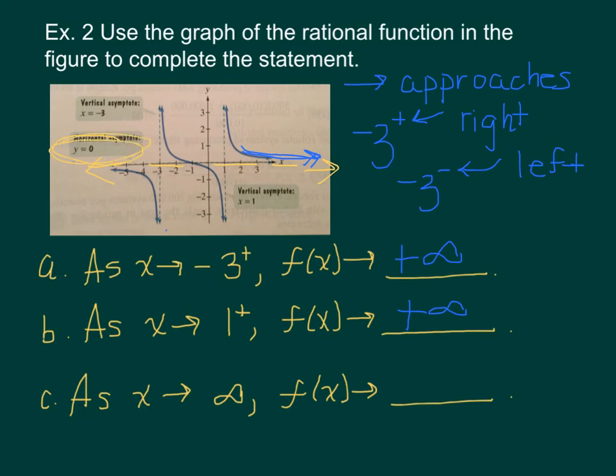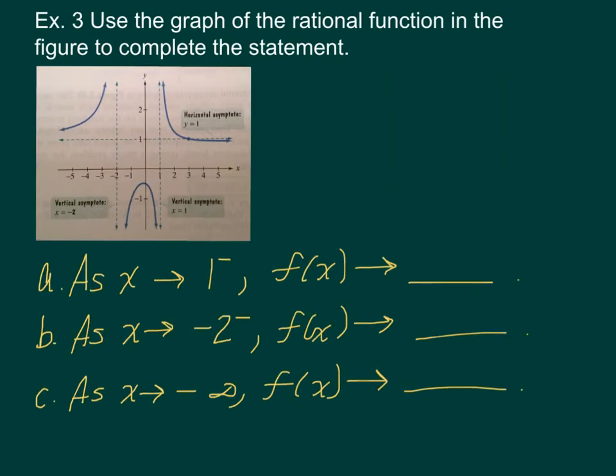So we are getting close to 0. So when you're going out to infinity or negative infinity, you're going to get close to your horizontal asymptote. So that's only for positive or negative infinity.